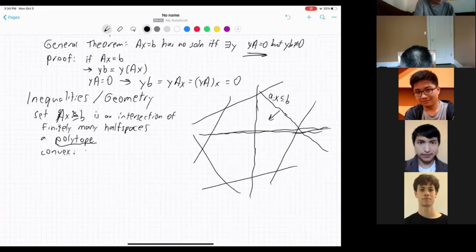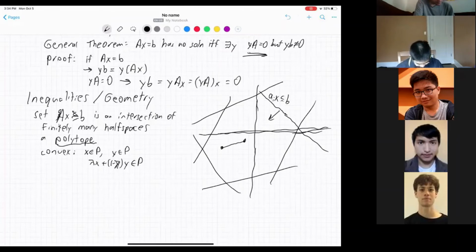Okay. If x is in the polytope and y is in the polytope, then any convex combination of those 2 points is also. That is, if you take any 2 points in the polytope and you draw the line between them, the line stays inside of the polytope.